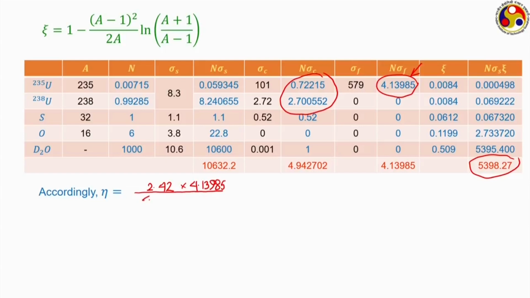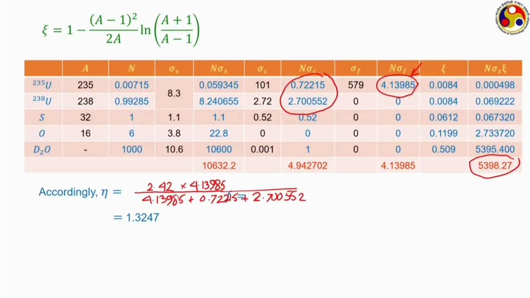In the denominator, corresponding to the fission part, 4.13985 plus 0.72215 plus 2.700552. So, once we put all these numbers, the corresponding value of eta comes out to be 1.3247.